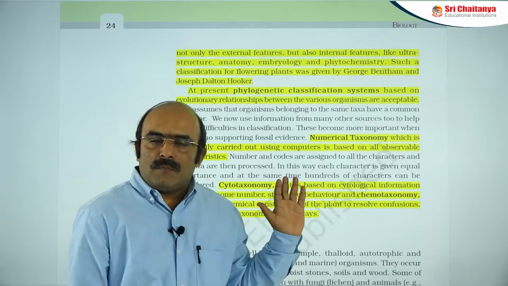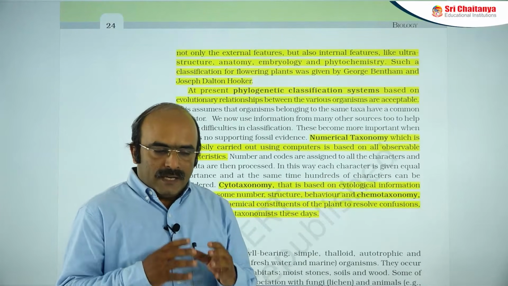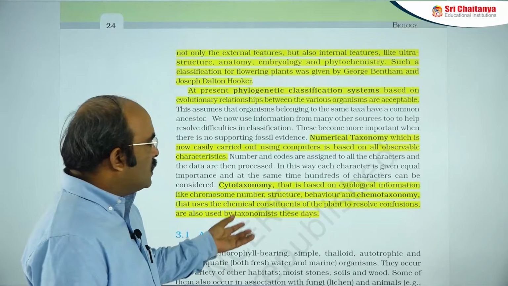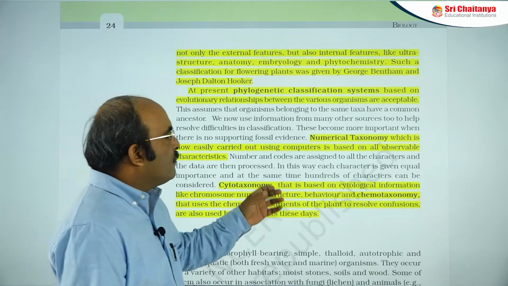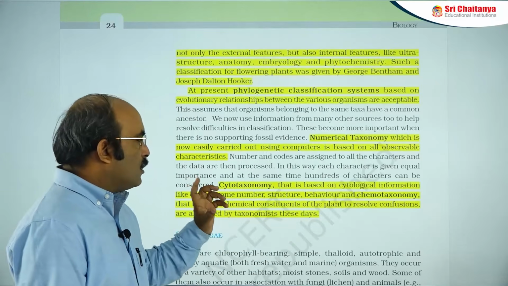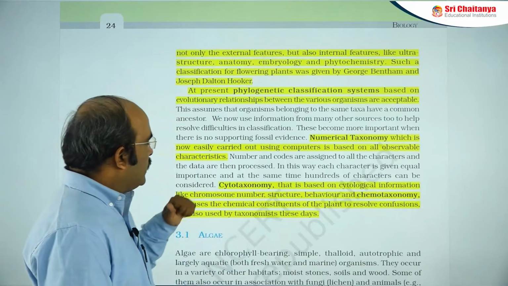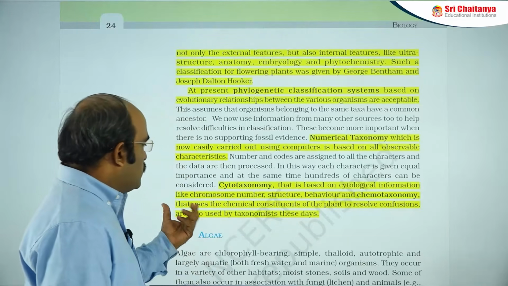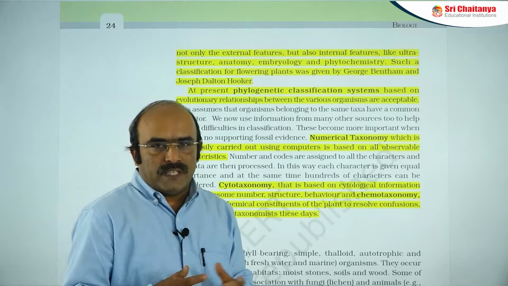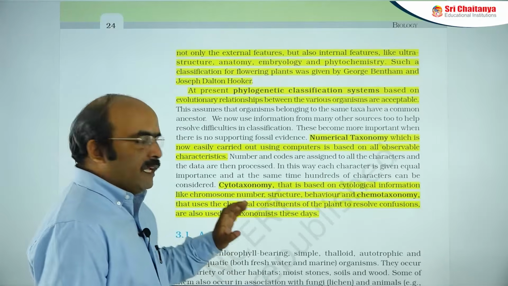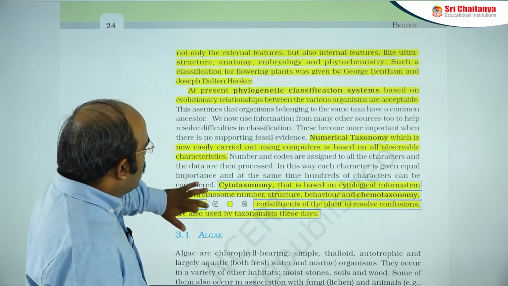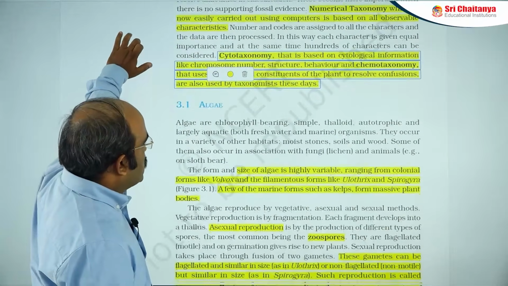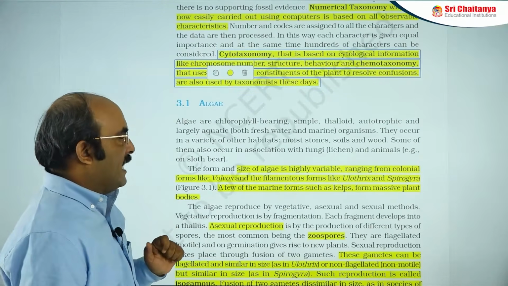And cytotaxonomy is based on the typical characters observed in a cell, like the chromosome number, structure, behavior. Cytological information is taken while dealing with cytotaxonomy. And chemotaxonomy is the third one, which is based on the chemical constituents of the cell with respect to their composition. So this is on the aspect of cytotaxonomy, numerical taxonomy, and also chemotaxonomy.